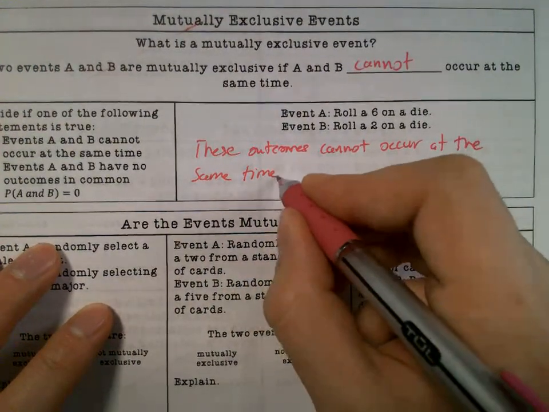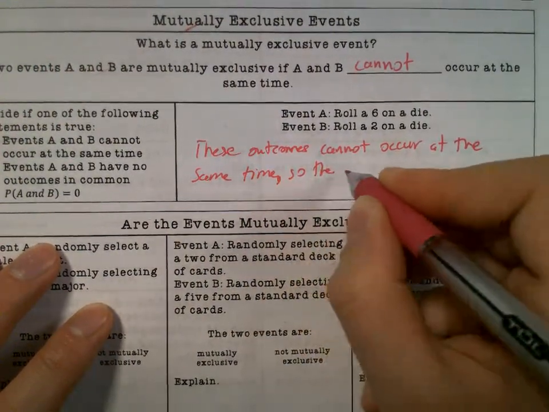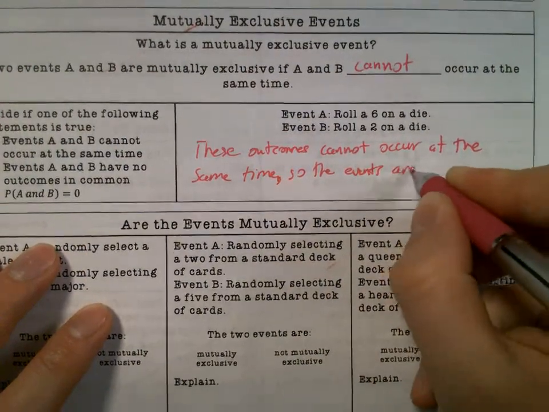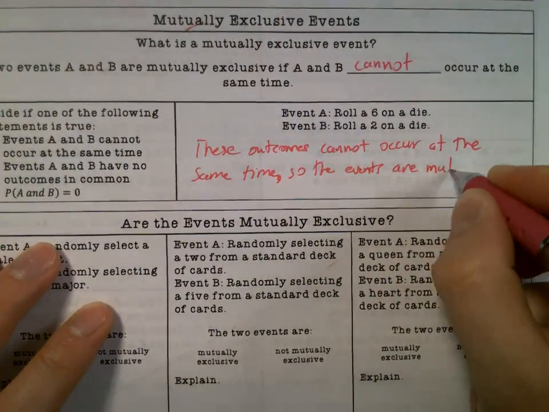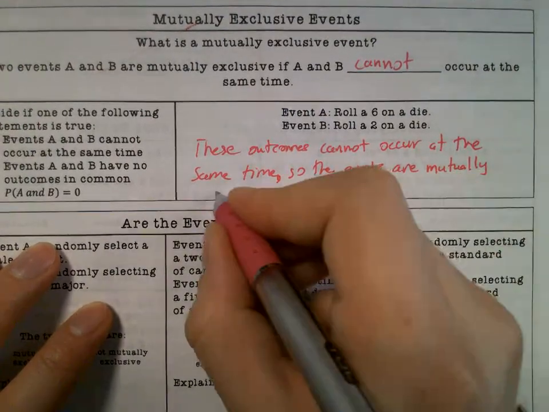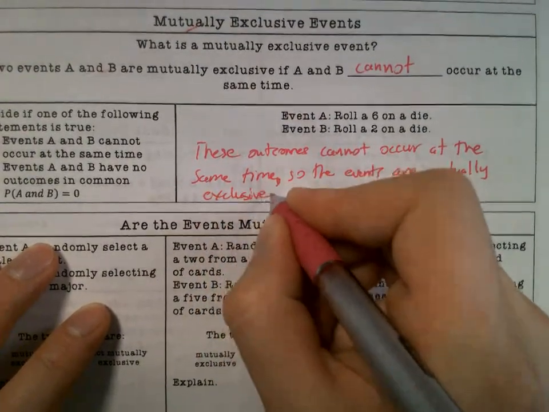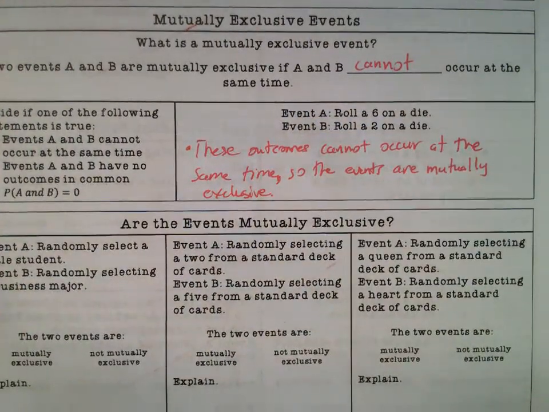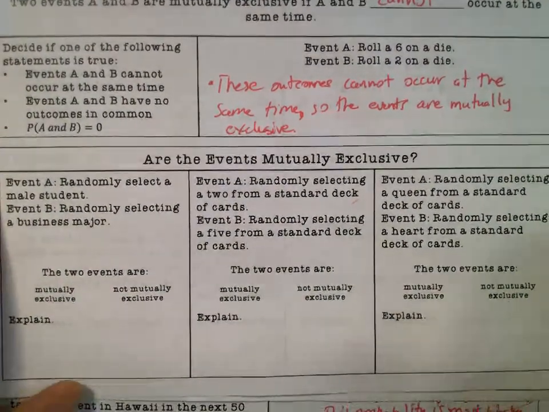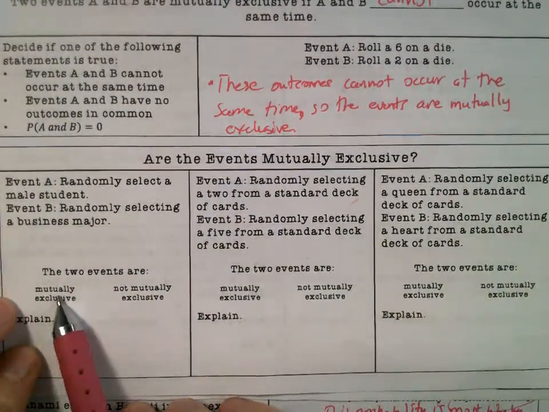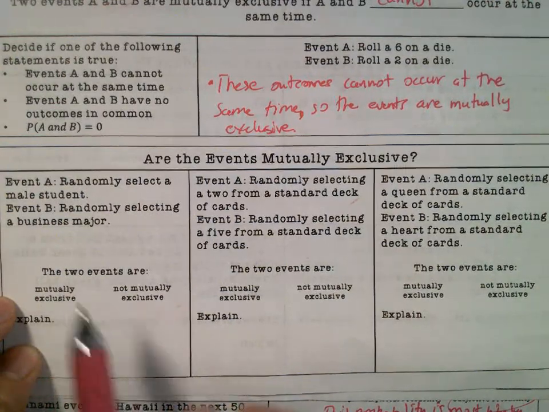Okay? So the events are mutually exclusive. Now, let's take a look at some examples.